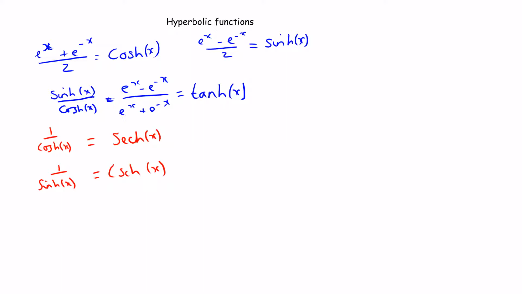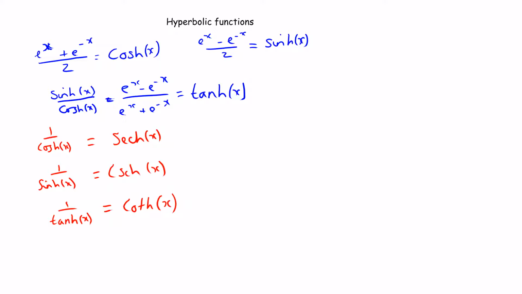And we have 1 over tanh of x, which we call coth. As you can see, they're very similar to sec, cosec, and cot.